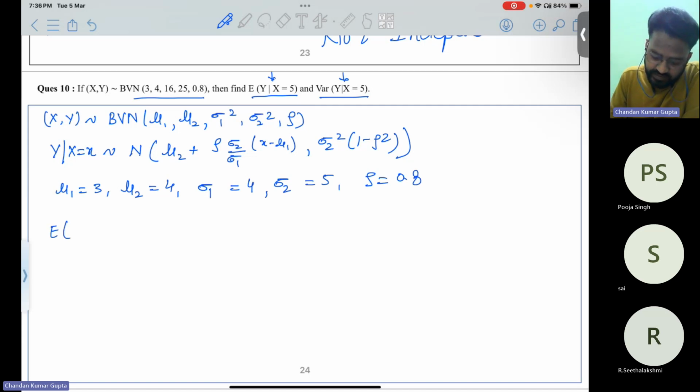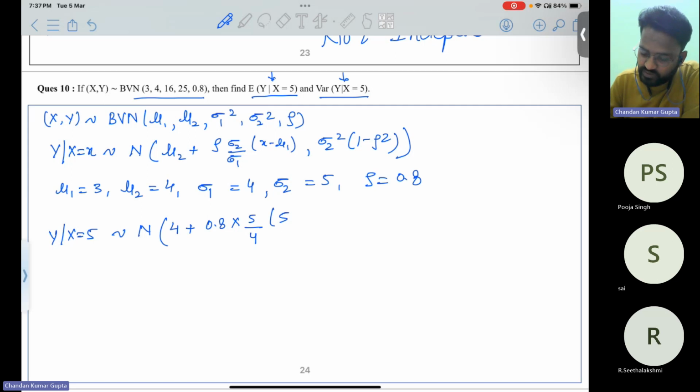That means the expected value of y given x equal to 5: y given x follows normal distribution with mean 4 plus 0.8 into sigma 2 which is 5, divided by sigma 1 which is 4, times x which is 5 because it is given, minus mu1 equal to 3, and variance sigma 2 square, which is 25, times 1 minus 0.8 square.